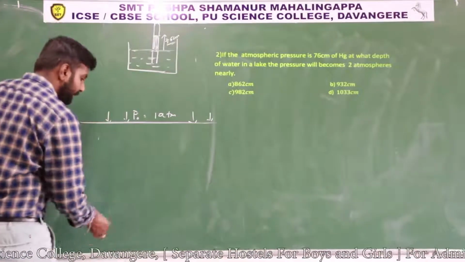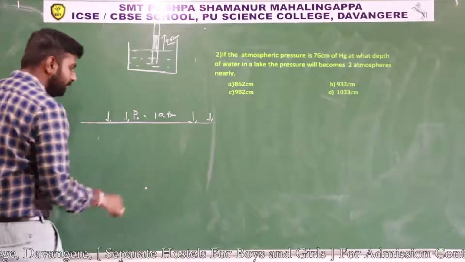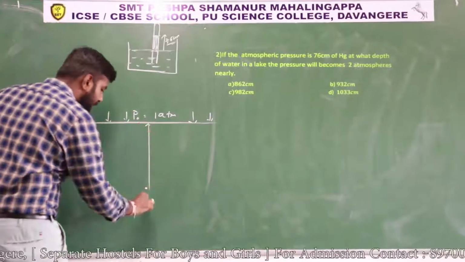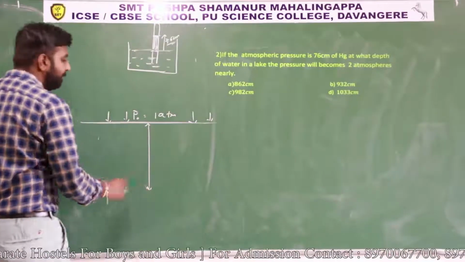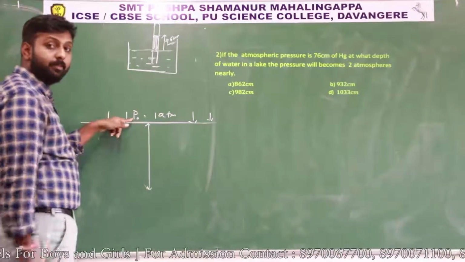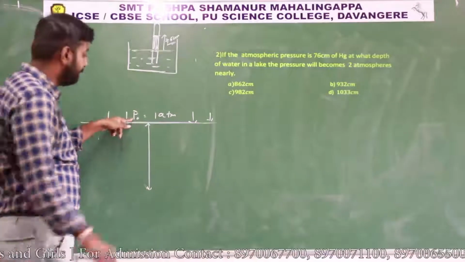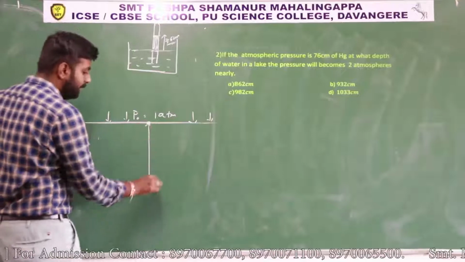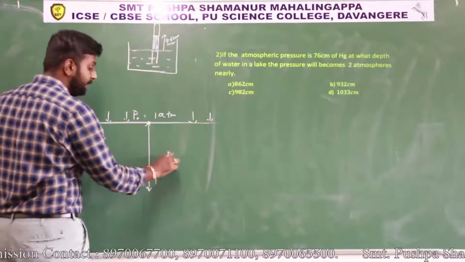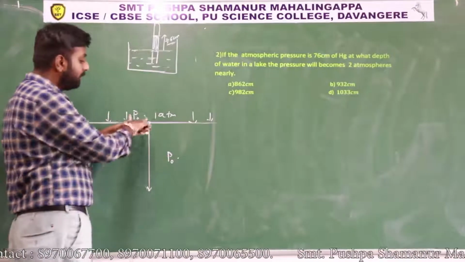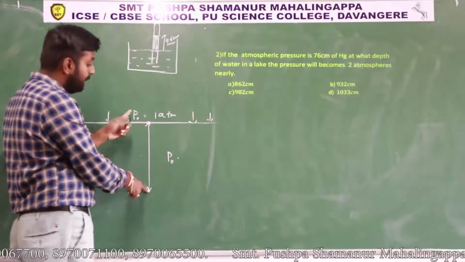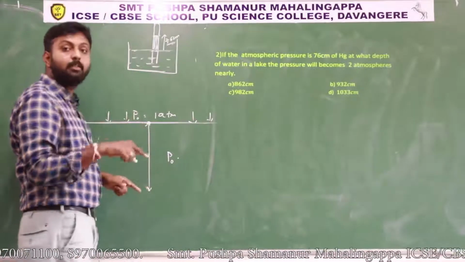Suppose at this point the pressure becomes 2 atm. On the surface it is P0, that is 1 atm, so from the top surface up to this point the pressure is P0 plus P0, that is 2 P0.